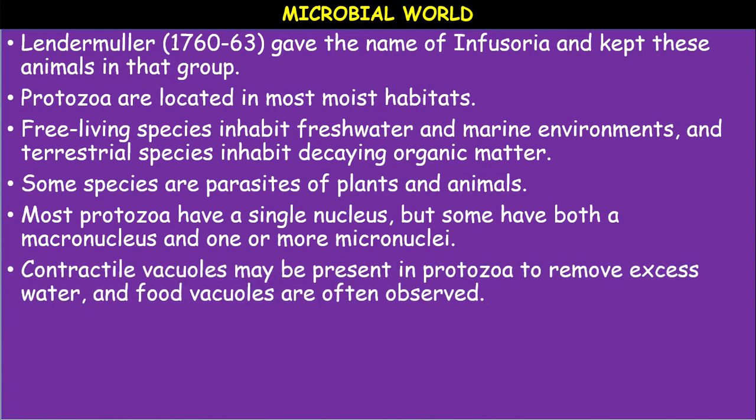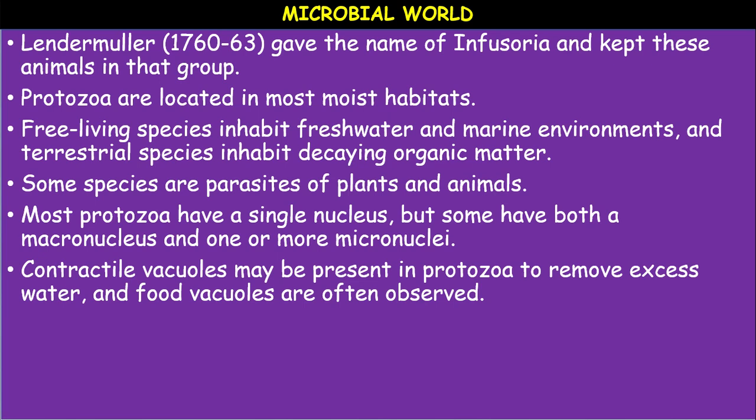Okay, means multinucleated. Can you give an example of a protozoa with 2 nuclei? You have observed the slide. Paramecium. Paramecium possesses 2 nuclei, micronucleus and meganucleus. The micronucleus performs reproductive function, and macronucleus or meganucleus is vegetative in function.